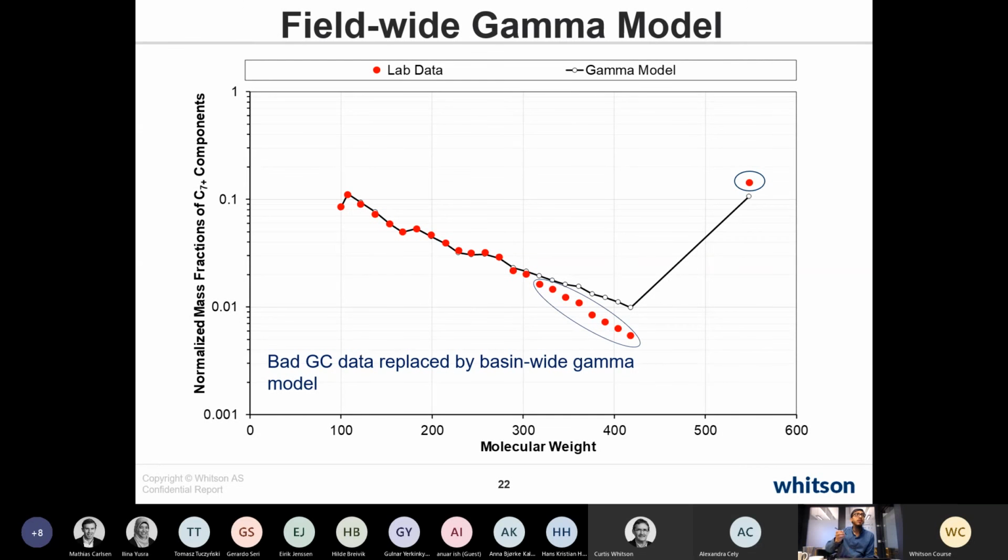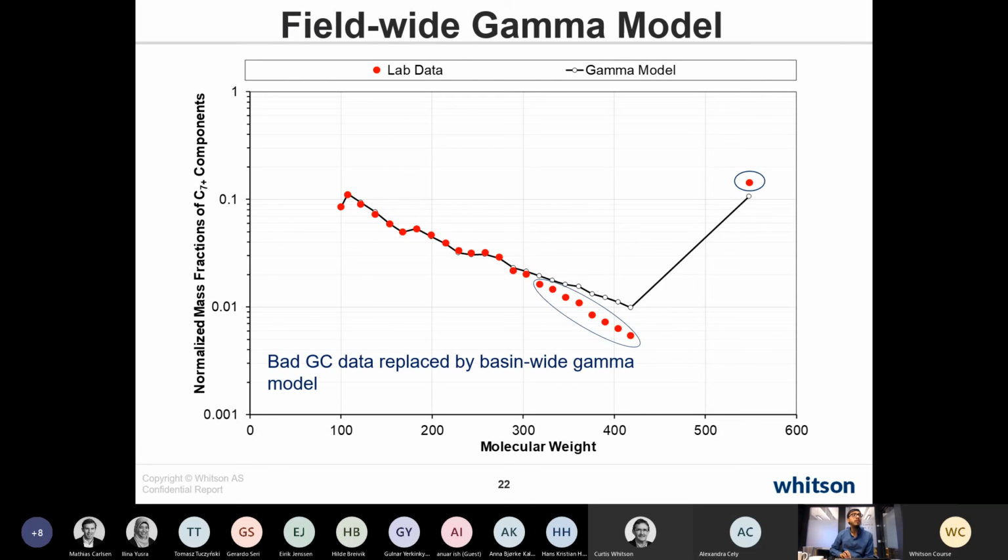If you have 50 or hundreds of samples, and you have tuned your gamma distribution model with a single alpha value and lower molecular weight boundary for all the samples, then you know that alpha or shape factor is representative of your field. And if among hundreds of samples there are 10 or 20 that are not following the distribution trend, then you start suspecting the lab data.